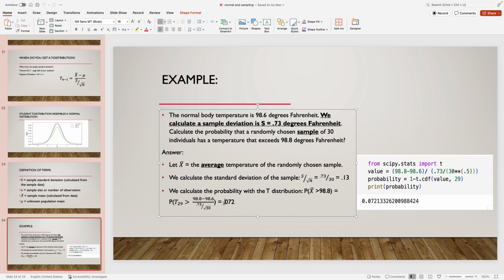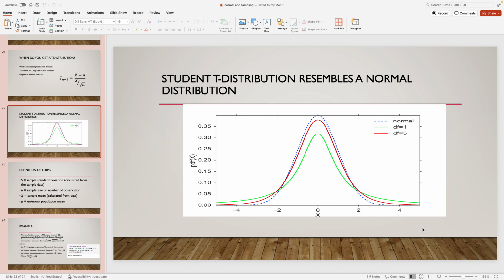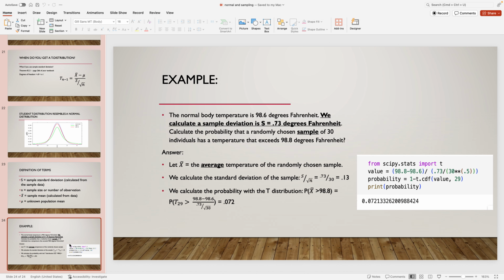And you see that the probability is very similar to when we use the central limit theorem, but it's a little bit larger. It's 7.2%, which isn't that surprising, both that it's close to the normal distribution result from the central limit theorem, and that it's bigger, because t-distributions always have larger probabilities than the normal distribution for larger values.